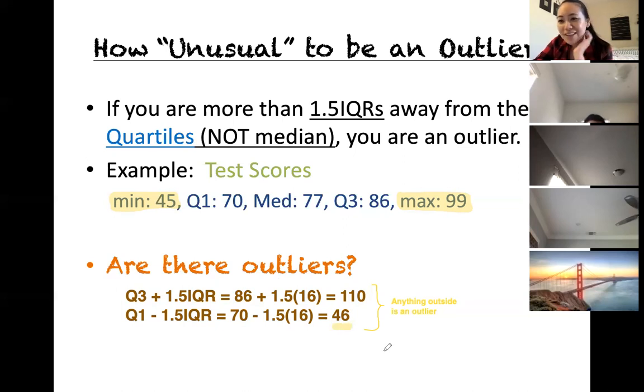So there's at least one low outlier, because I have a point at 45, which is more than 1.5 IQRs below Q1. My final answer would be yes, there is at least one low outlier.